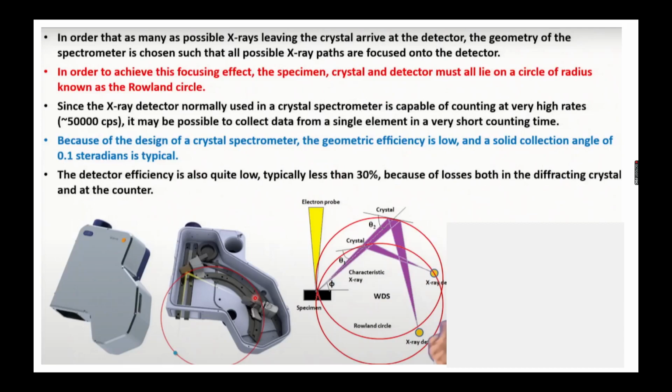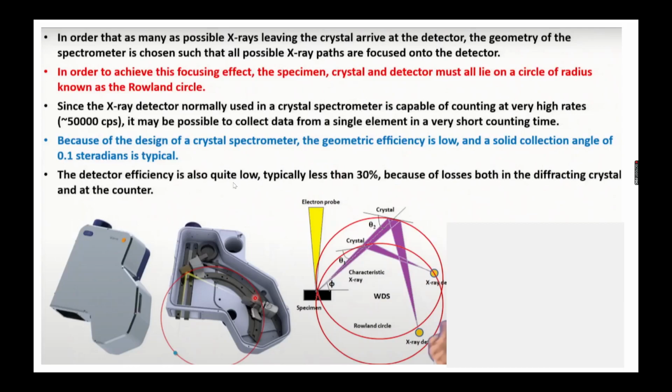Also, this crystal spectrometer is designed in such a way that the geometric efficiency is low and a solid collection angle of 0.1 steradian is typical. The detector efficiency is also quite low, typically less than 30%, because of losses in both the diffracting crystal and the counter.